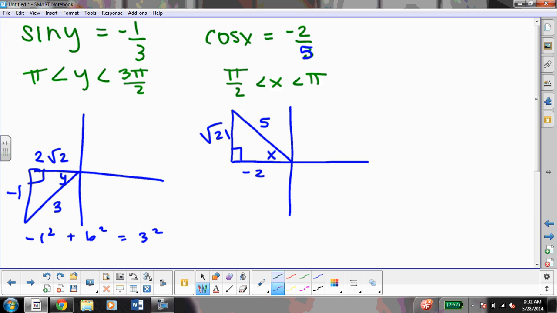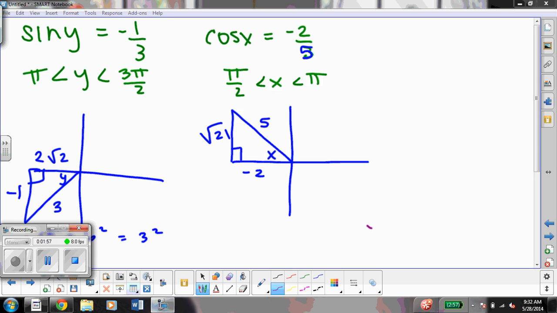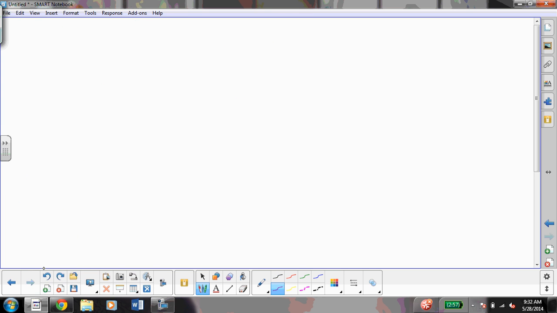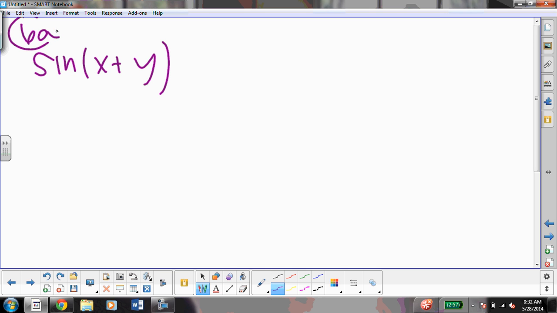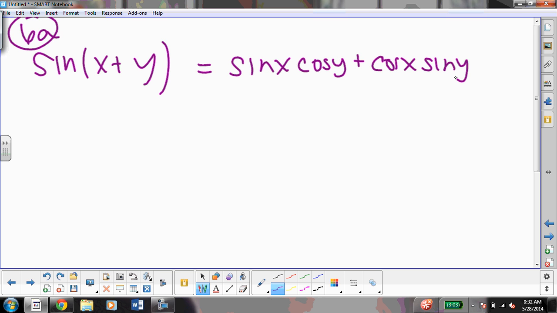The first rule that I want to apply is by doing the sine of x plus y for 6a. Now, following my identity sheet, the sine of x plus y is the sine of x times the cosine of y plus the cosine of x times the sine of y.